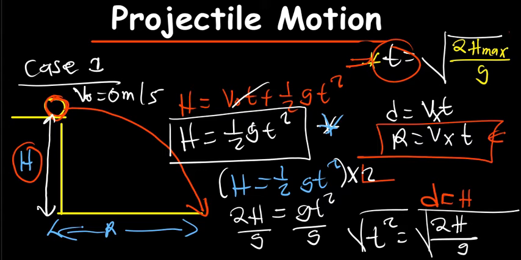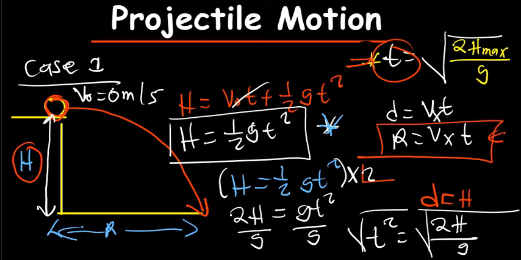Before we go to case 2, can you ask me questions? What's the key way to know that this question is in the first case? You are standing on top of the building, and you throw a ball with an initial velocity of 0.